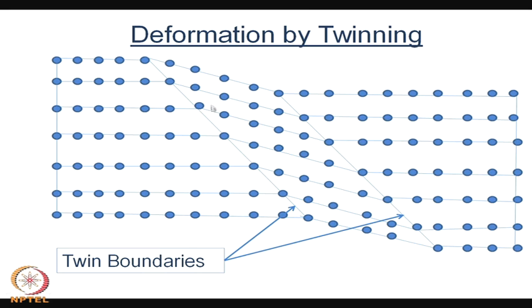As a result, you have a mirror image of the original planes. This is what we call the twin boundary, and it takes place almost instantaneously. It is not a time dependent process; it takes place within a fraction of a second.